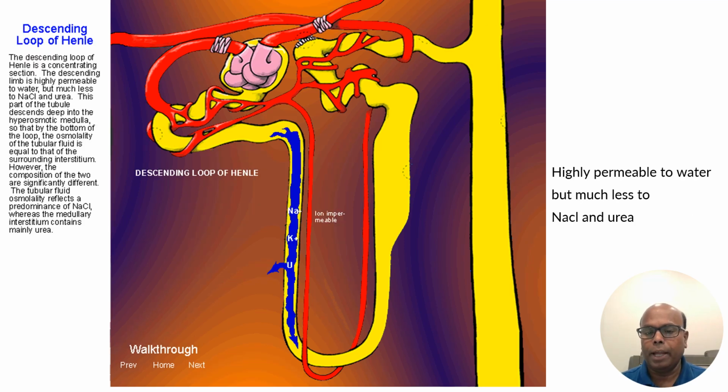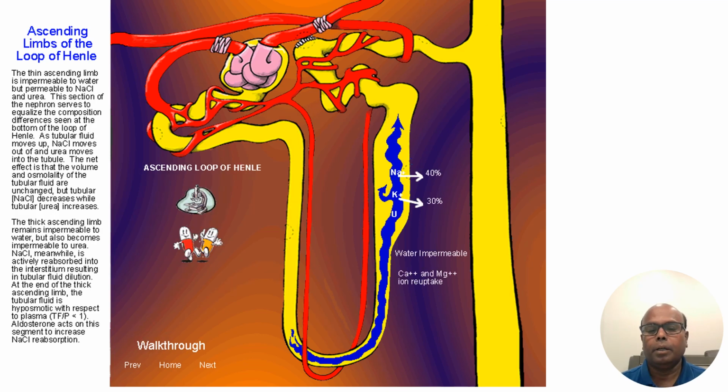The descending loop of Henle is highly permeable to water, but less to sodium chloride and urea. The ascending loop of Henle is water impermeable, but sodium and potassium can traverse across.